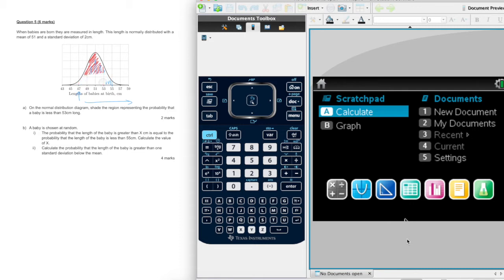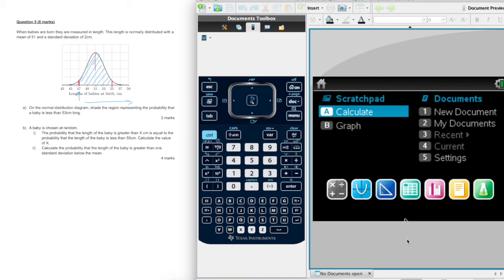So if we just clear off this graph a little bit, we've got less than 55, which is this section here. We want more than a value. So 55 will be the same as 47.